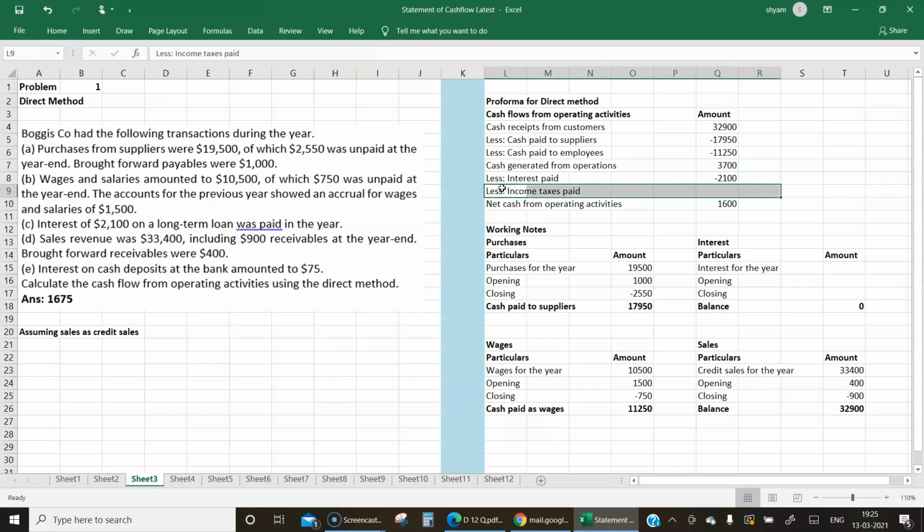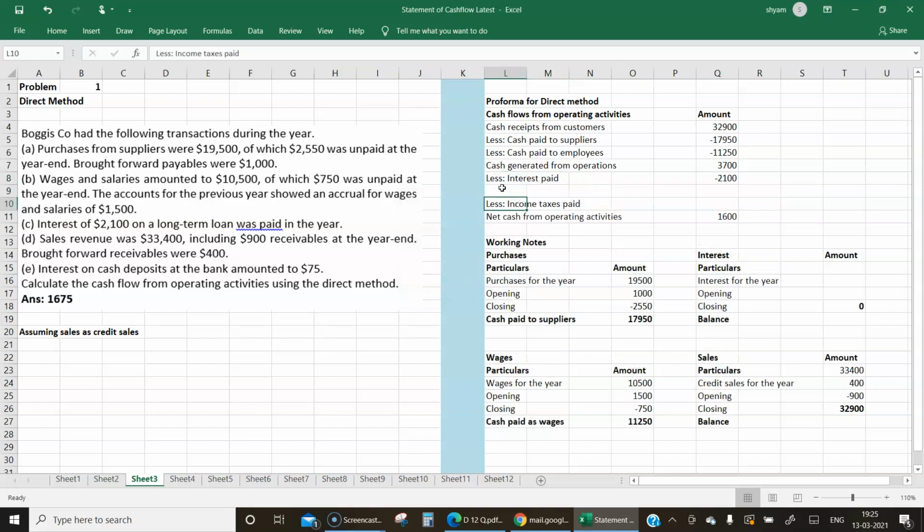But if you show it here, you should not show it in the financing activity. So we'll put it as add interest received 75.